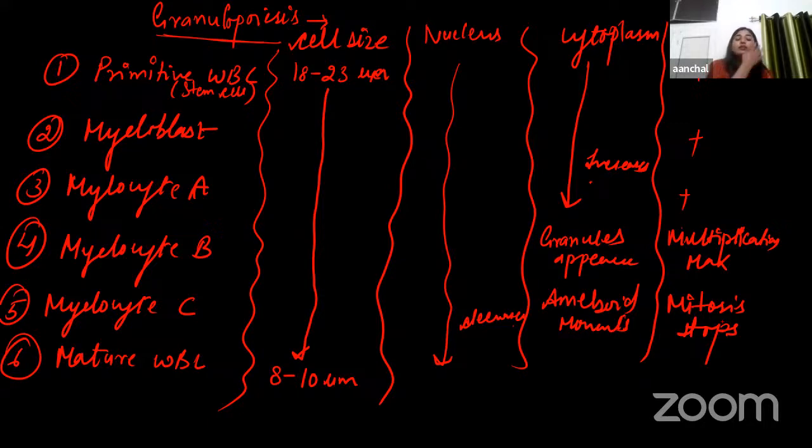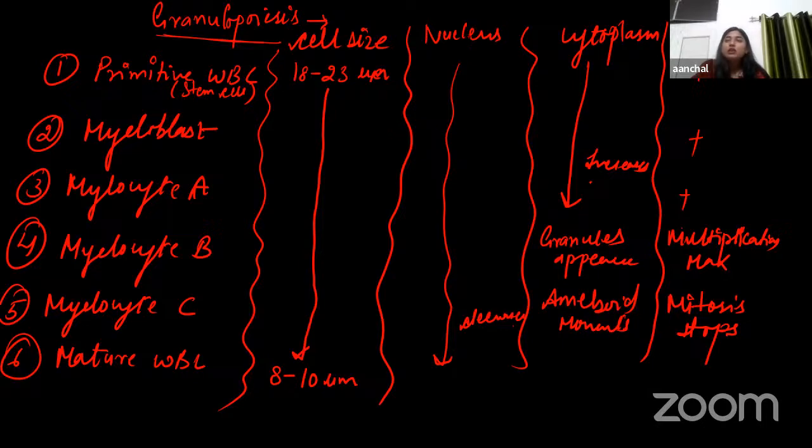Again, we're going to revise that in granulopoiesis, we have various stages starting from primitive WBC stage to mature WBC. Primitive WBC means the stem cell, the mother cell, in which the cell size is very, very large, the nucleus is larger, the cytoplasm is also in good size, and the mitosis is present. But as the stages proceed, the cell size will decrease and the nucleus size will also decrease.